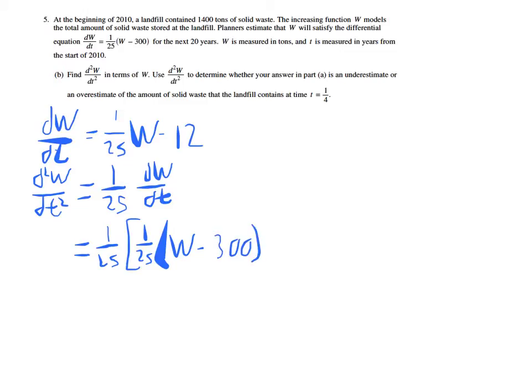I'm going back to the original format of our derivative here. It's going to make things a little bit cleaner for what we have to do next. So as I simplify this one more step, 1/25 times 1/25 is going to be 1/625 times (W minus 300).